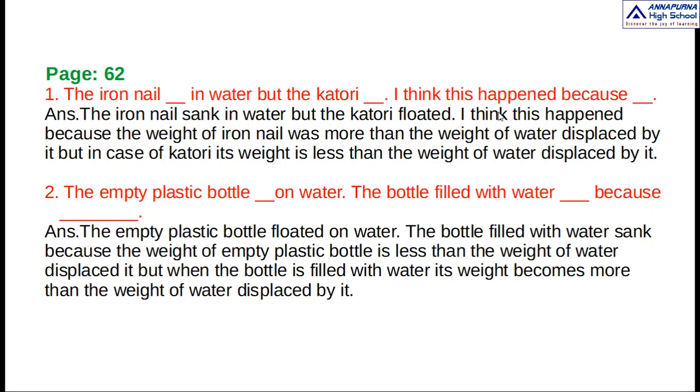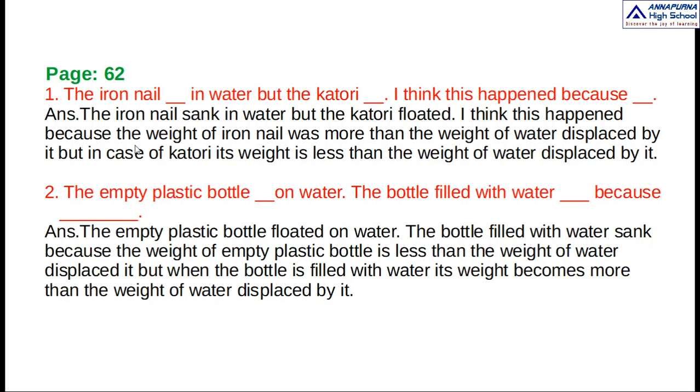That's why it sank in water. But in the case of the katori, its weight is less than the weight of water displaced by it. That means the iron nail is heavy compared to water, and the katori's weight was less than that of water.